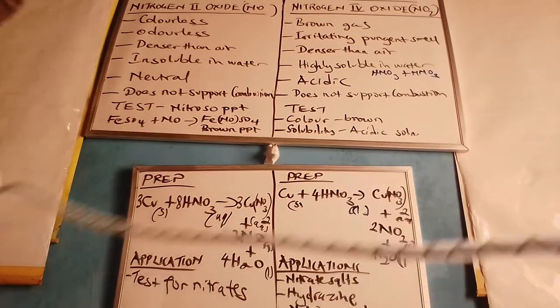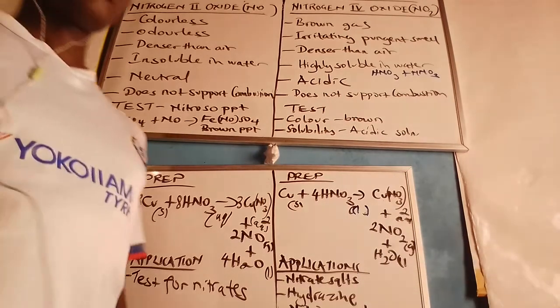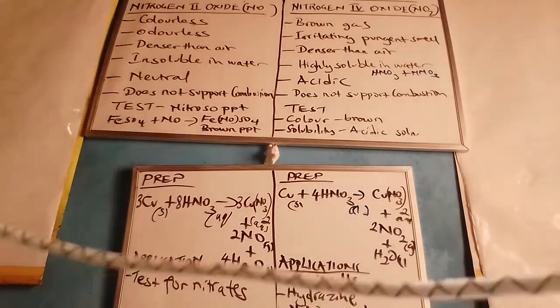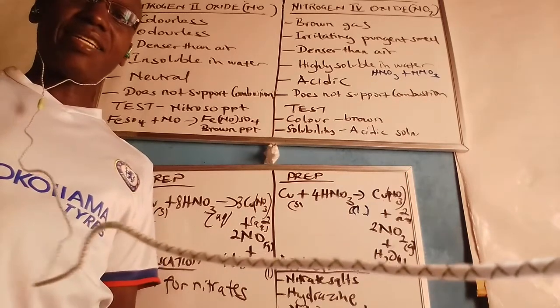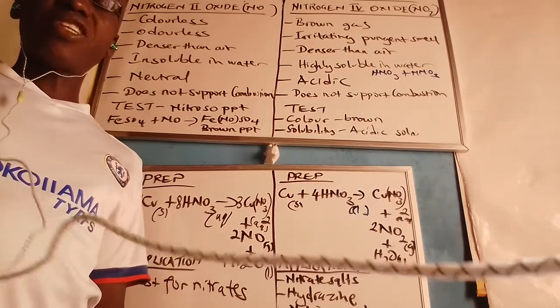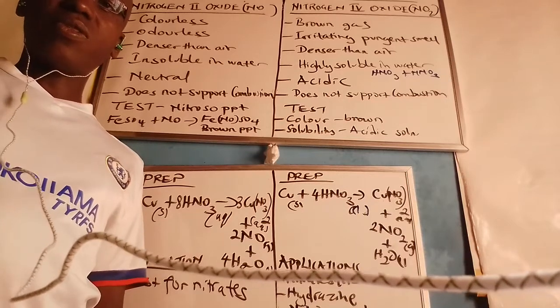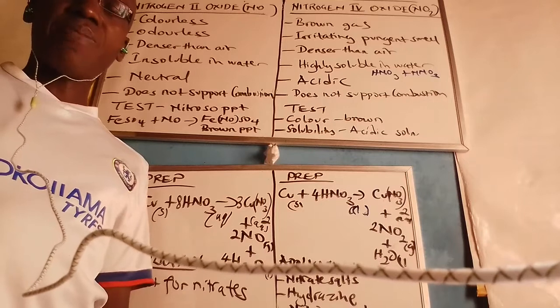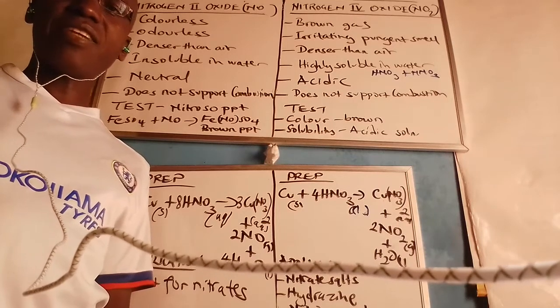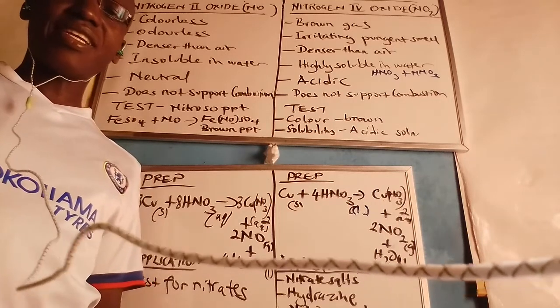Now, what you see here is a similarity, in the sense that whenever you're preparing nitrogen 2 oxide or nitrogen 4 oxide, you use nitric acid. The difference, however, is that to prepare nitrogen 2 oxide, we use nitric acid in its dilute state, and to prepare nitrogen 4 oxide, we use nitric acid in its concentrated state.